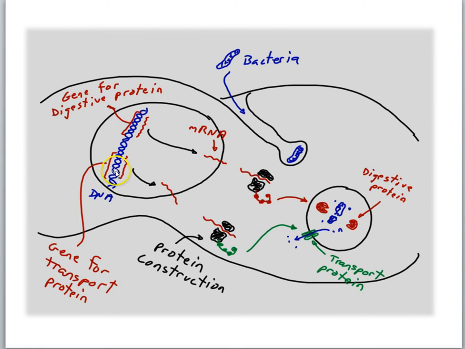So every protein in the cell has its corresponding gene, which is the recipe to make the protein. The first step in making a protein is to make a temporary copy of the recipe in the form of messenger RNA that then leaves the nucleus and hooks up to the ribosome, the protein construction factory. Now remember, these messenger RNAs are temporary, so they will degrade over time. But that's not a problem for the cell because the cell can just make new ones.